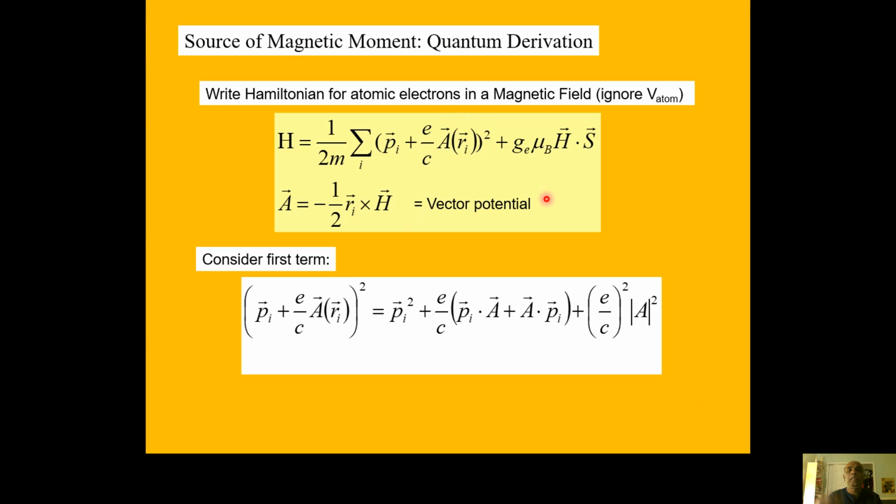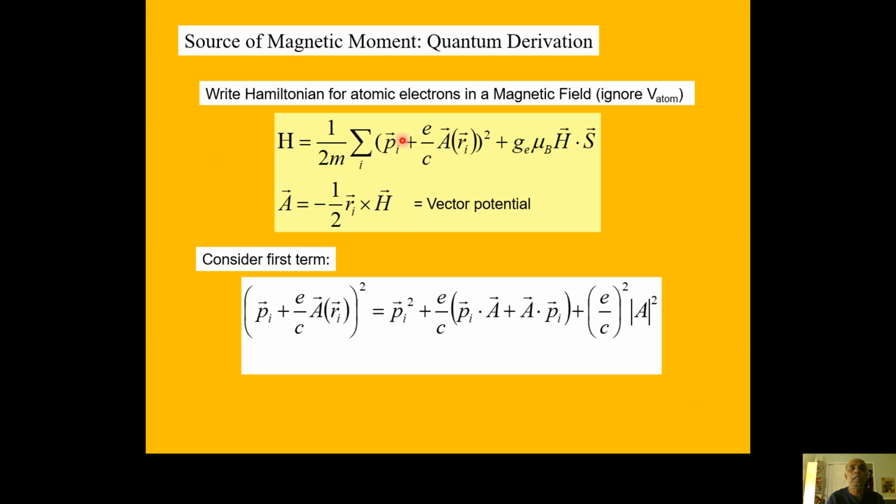It's just like the electric potential, which is the scalar one, right? Your electric field is minus grad V, so that V is called the electric potential. Here, this is the vector potential. So B is grad cross A, and A can be written as this.